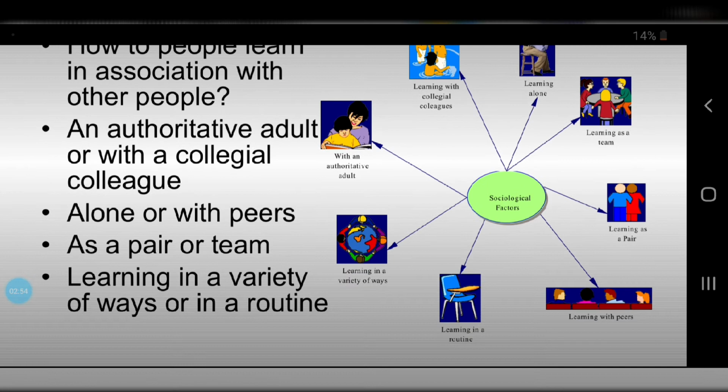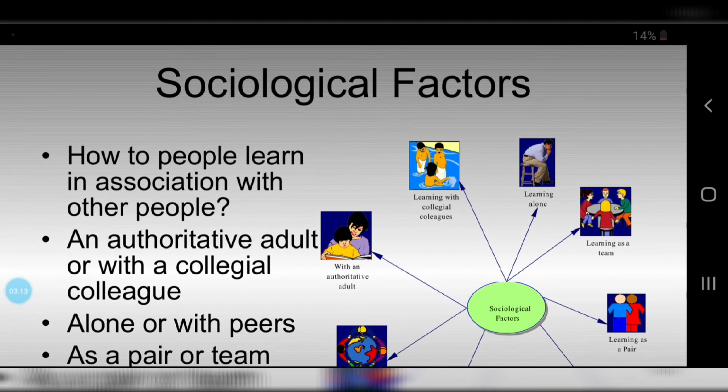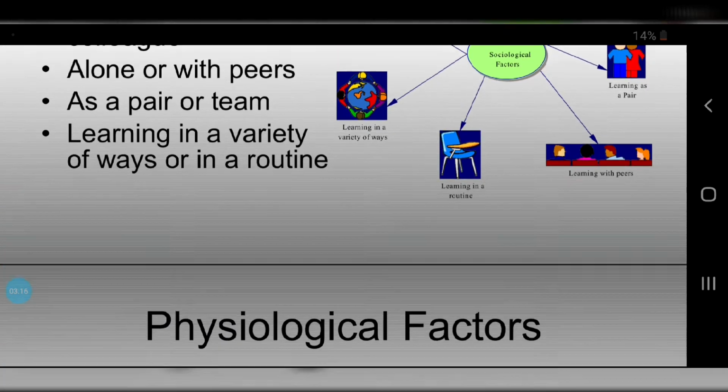Do they learn with peers or teams? For example, a number of people need to work alone when tackling a new and difficult subject, while others learn best when working with colleagues. So that's for sociological factors.